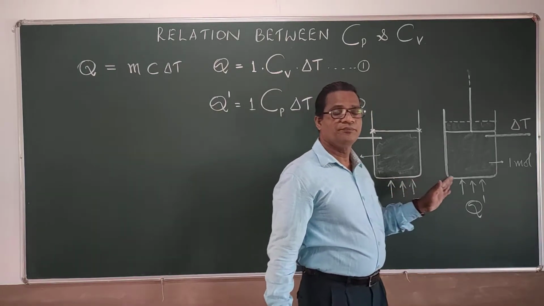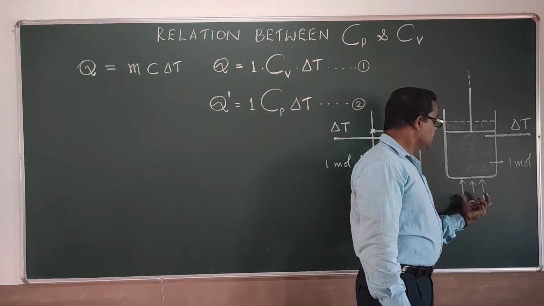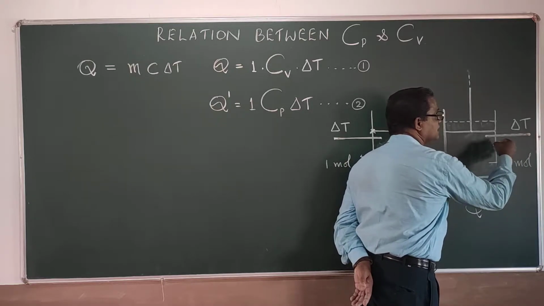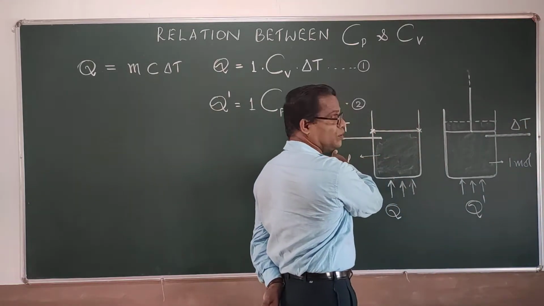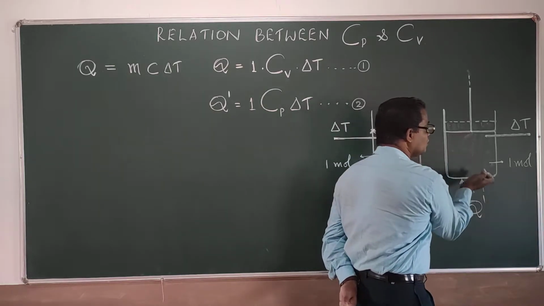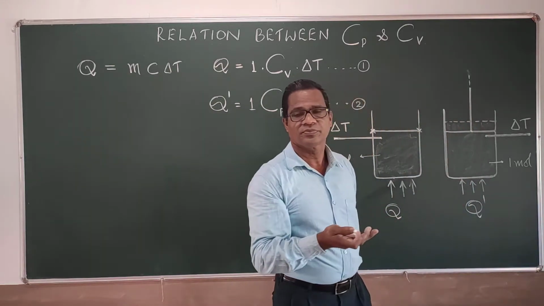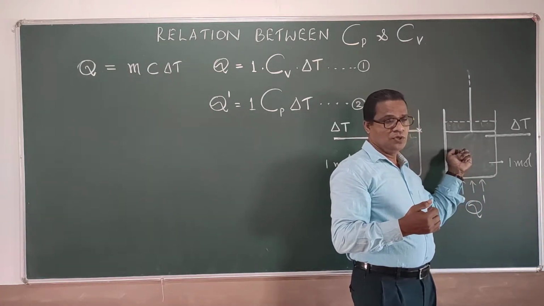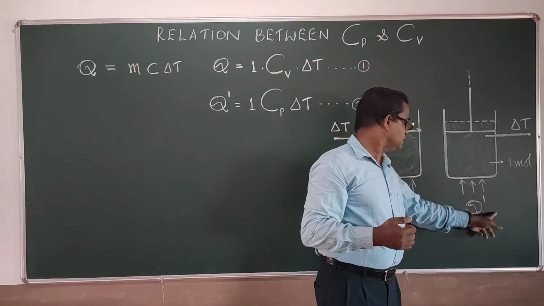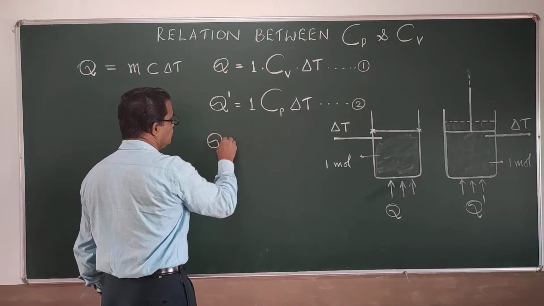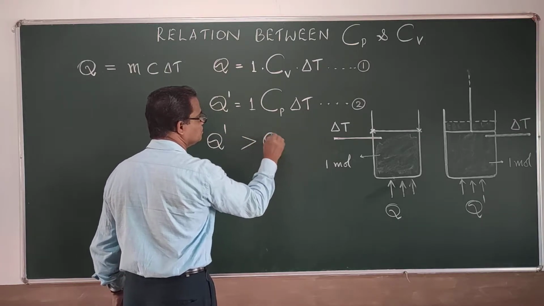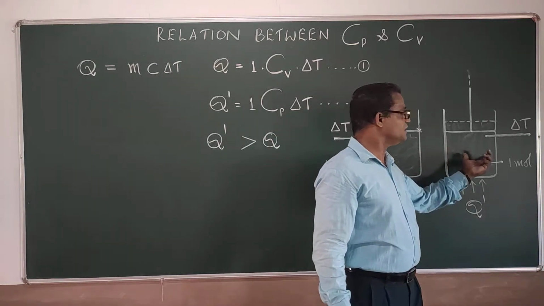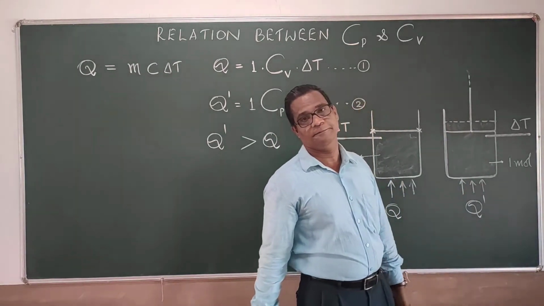Now in this case, the heat energy Q prime is used up in increasing the temperature of the gas through the same delta T as before, and also for moving the piston up. That means the gas is doing an amount of work also here. So definitely the heat energy Q prime is greater than Q, because Q is only for raising the internal energy, whereas here it is for internal energy plus an amount of work done.